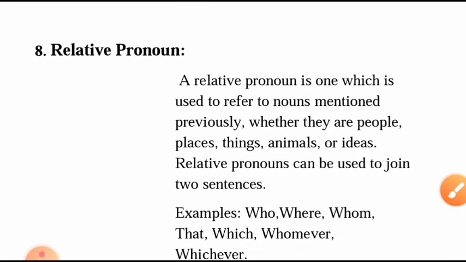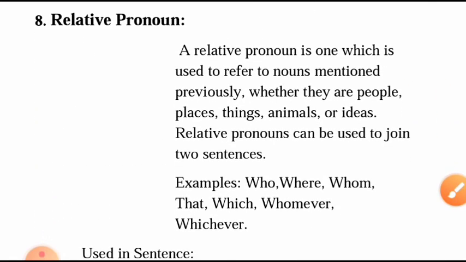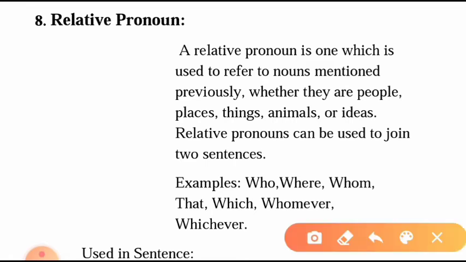So let's move to the 8th, which is relative pronoun. A relative pronoun is one which is used to refer to nouns mentioned previously. So those nouns that you have already mentioned in a sentence, whether they are people, places, things, animals, or any idea. Relative pronouns can be used to join two sentences.